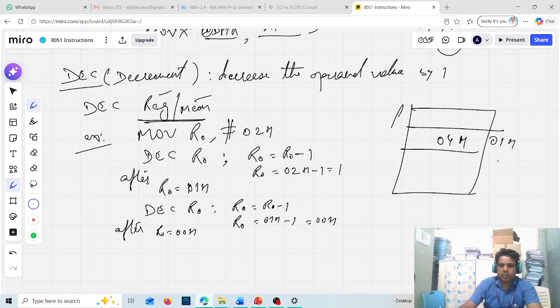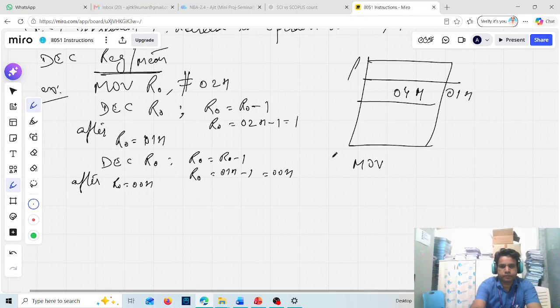Just to explain this one, let's say I'm writing here the instruction MOV. This 01H is the destination, which is a memory address, and this is the value. So after writing this instruction, this memory address will now store 04.